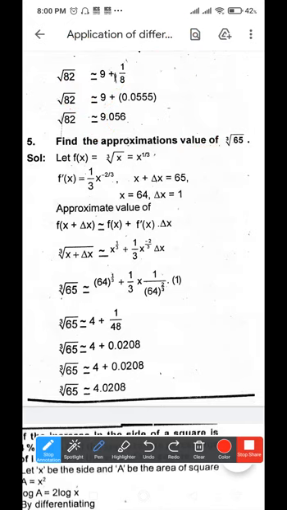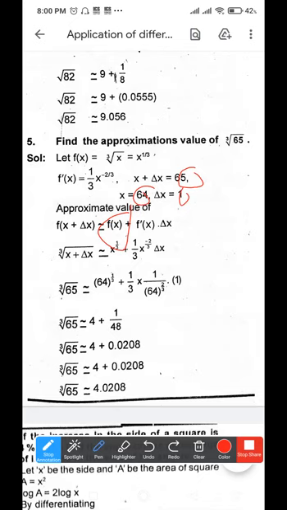Why are we doing this? To make our simplification easy. We are writing 65 as 64 plus 1. Now substitute it in the formula. f of x is x power 1 by 3. f dash of x is 1 by 3 x power minus 2 by 3. And delta x is delta x.